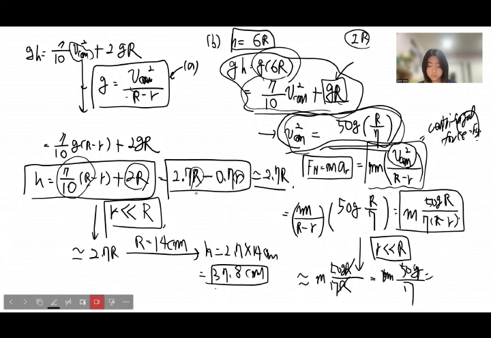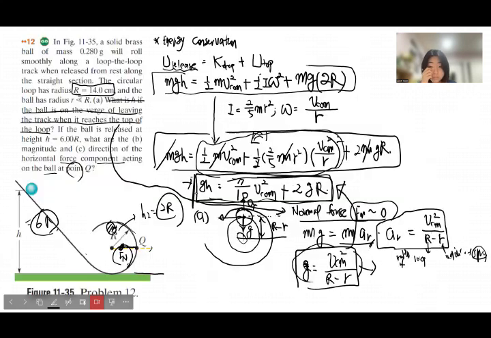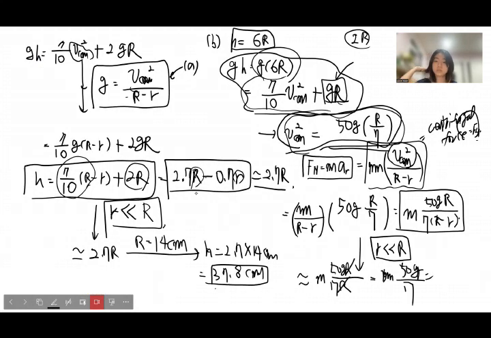So here, what's the mass of this? Was it 280 grams, right? No, actually 0.28 grams. So it's a pretty small, teeny tiny ball sitting on the track. So that is 50 times 2.8 times 10 to the minus 4 kilogram, and g is 9.8 meter per second square, divided by number 7.